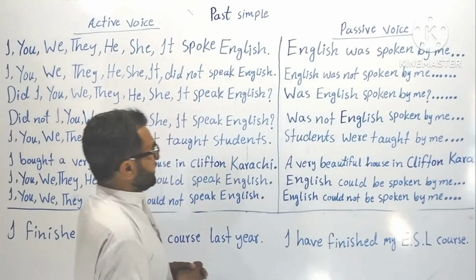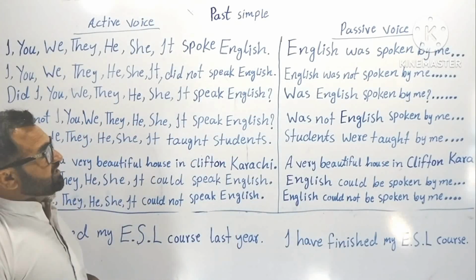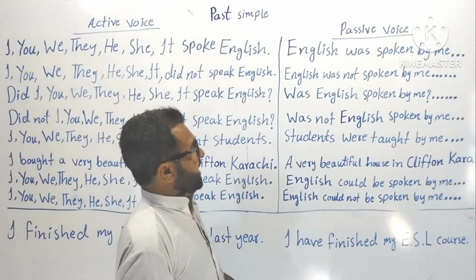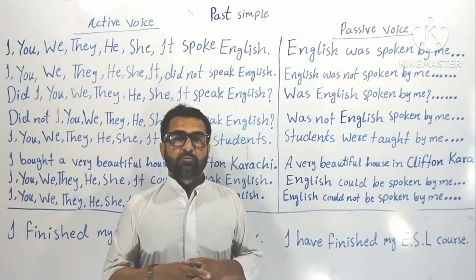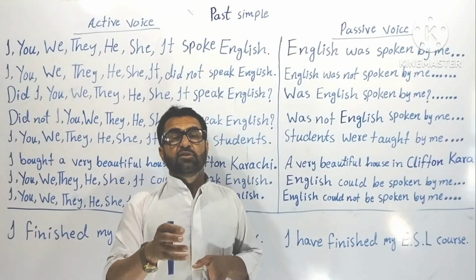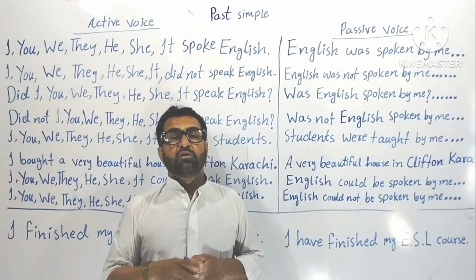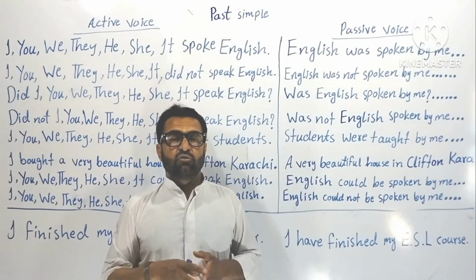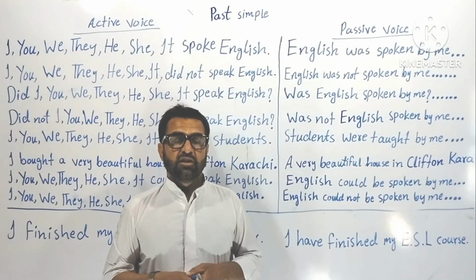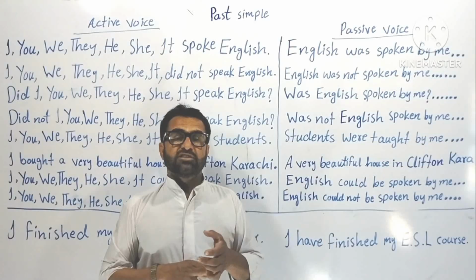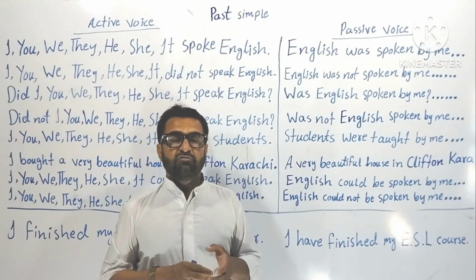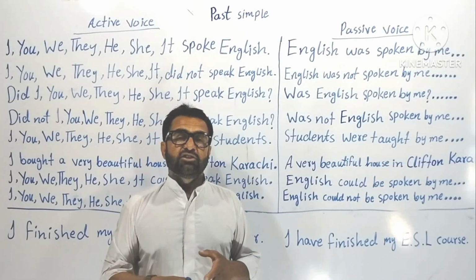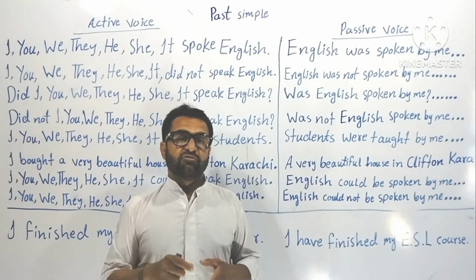Understood? Now here I would like to do one thing. As I have said before, I'm talking about the helping verbs. Was is for singular subjects, were is for plural subjects. I mean, plural subjects take were with them, but singular subjects take was with them.